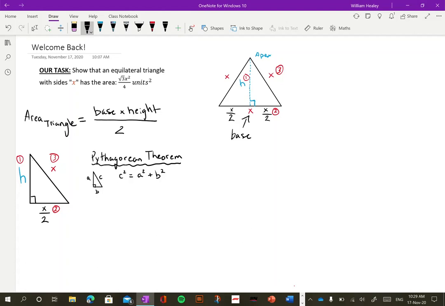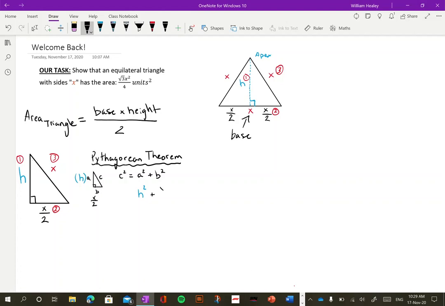When we correlate these sides, we know that our h can be here, really h. So I'm going to substitute h in for A. Our side B is really x over 2.